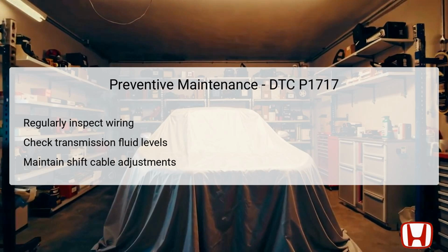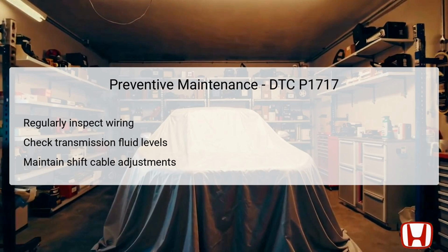Additionally, it's important to consistently monitor your transmission fluid levels, as low fluid levels can contribute to shifting issues and adversely affect performance. Ensuring that shift cable adjustments are regularly checked can prevent any issues of misalignment that may lead to conflicts in gear selection.